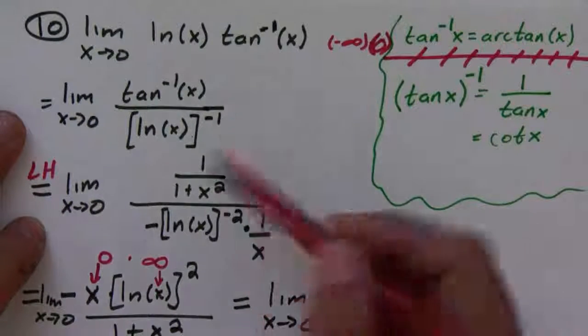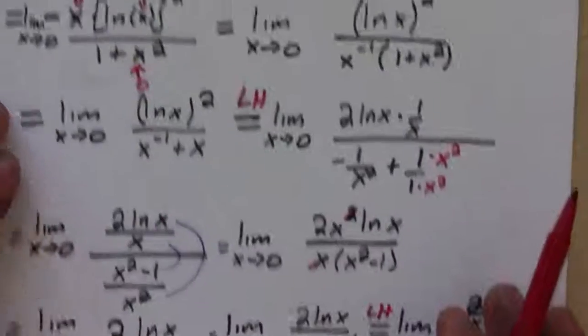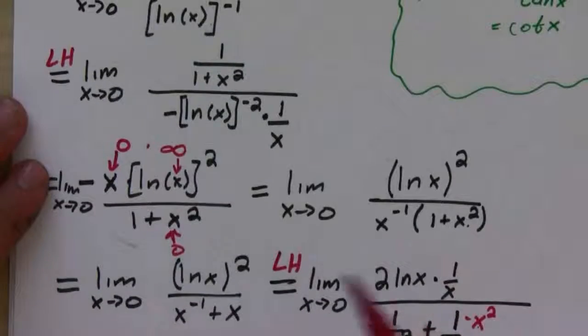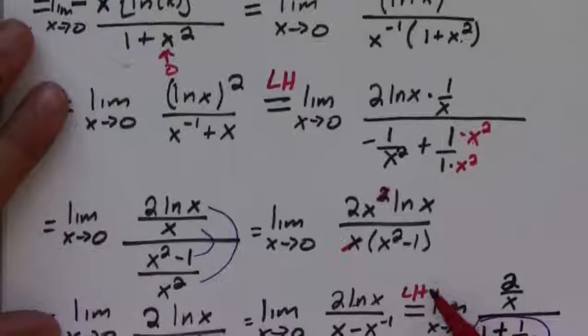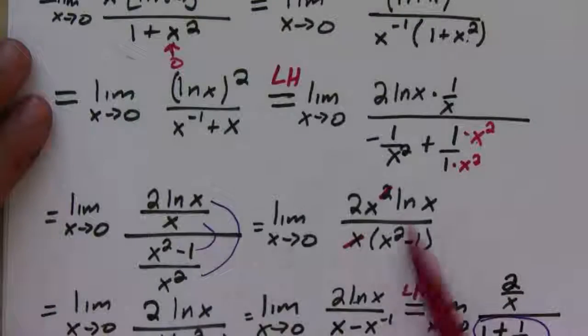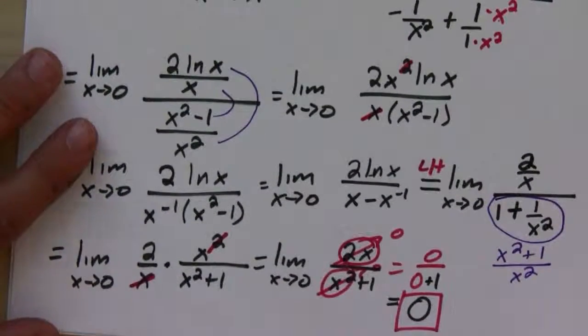So you don't really know all the time. But in the end, after doing L'Hopital's rule 2 times, and a lot of simplifying, we end up with our answer in the end. And now we're done.